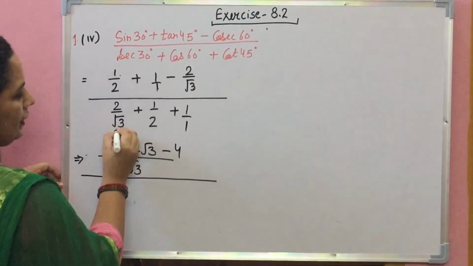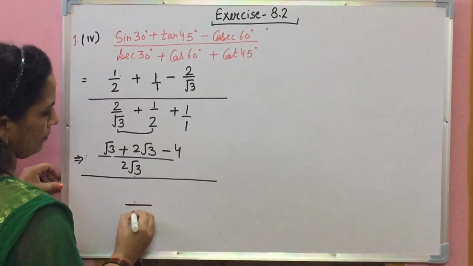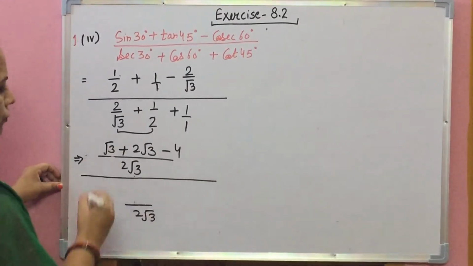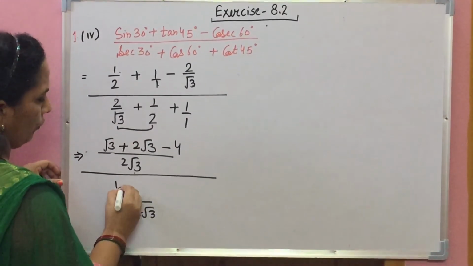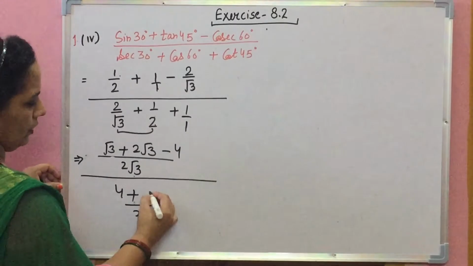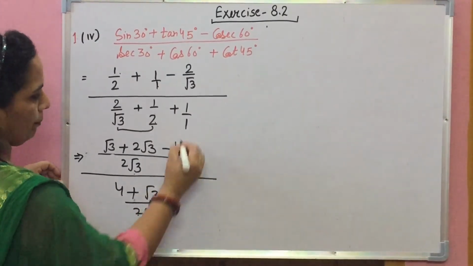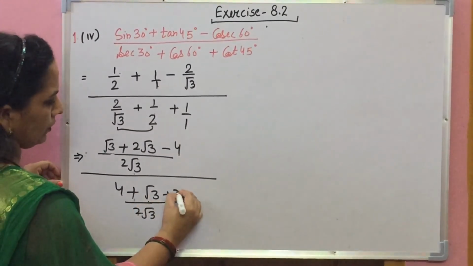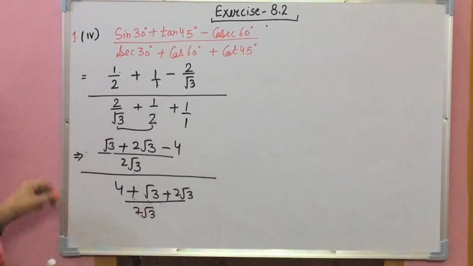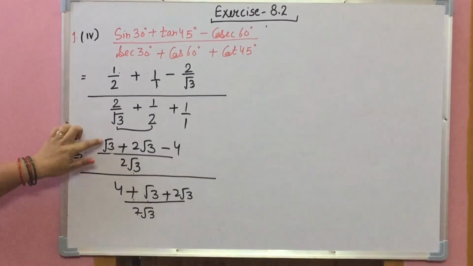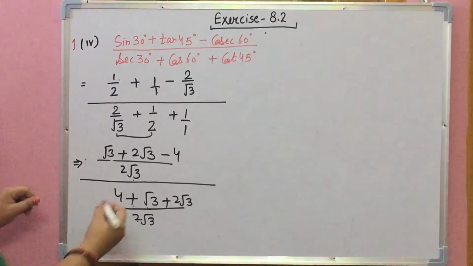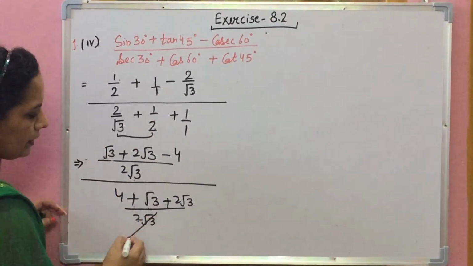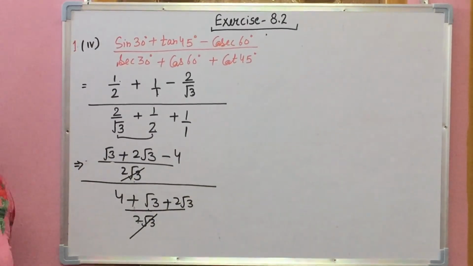In the denominator again LCM is 2 square root of 3. Then we have 4 square root of 3 plus 2 square root of 3. Now we have again 4 term. 1, 2, 3, 4. Second and fourth number की terms अगर same है, we can cancel these terms.